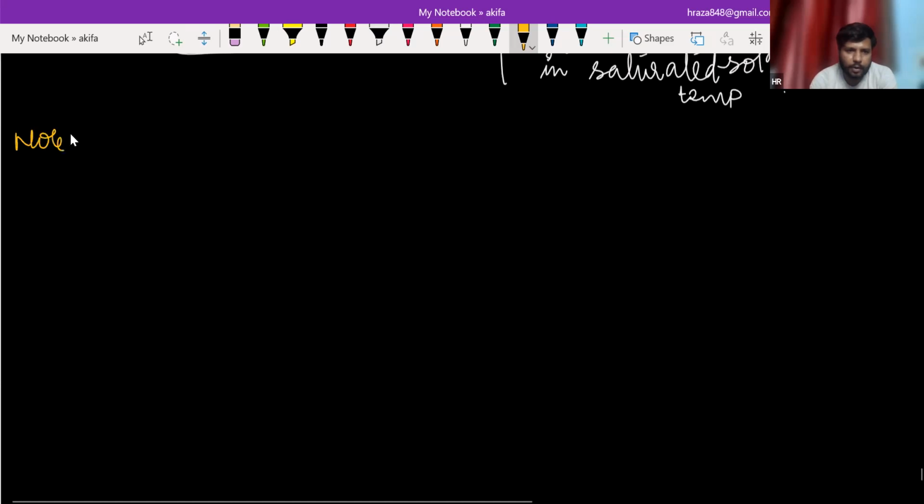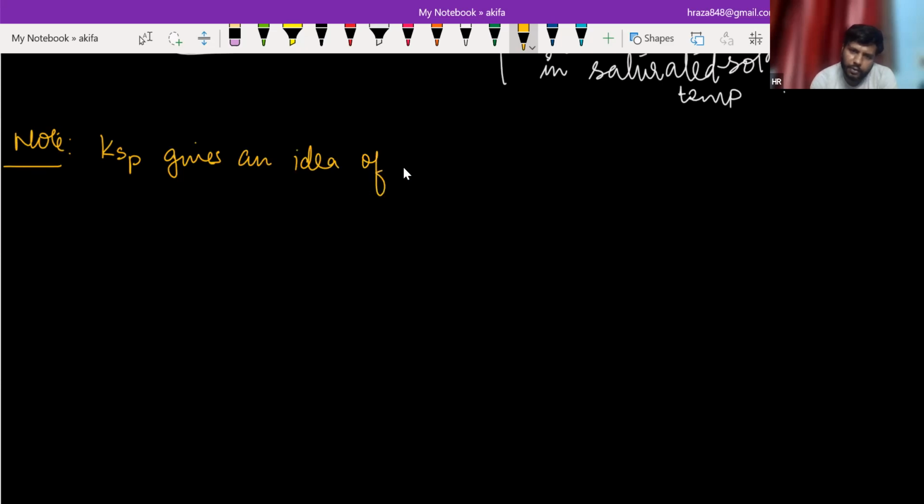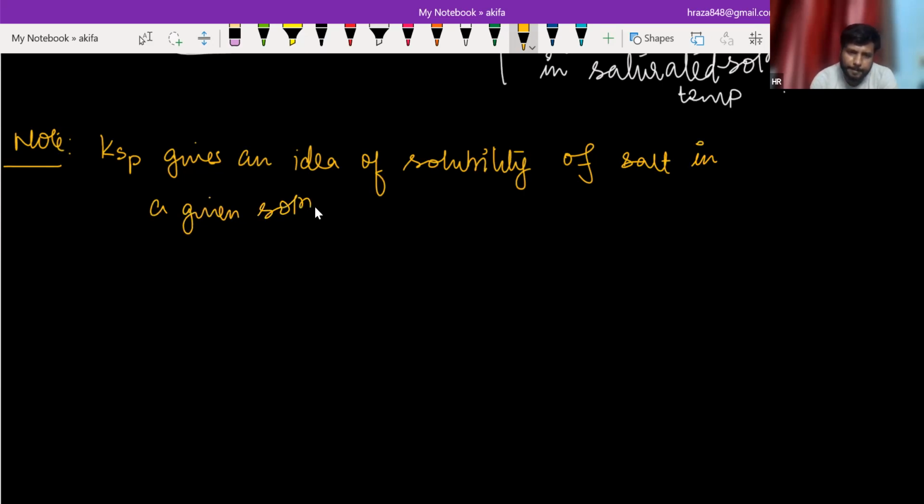Now always remember, write a note. KSP gives an idea of the solubility of a salt in a given solution. Just see here, if you have AxBy and it is dissociated, you know how it will be dissociated.